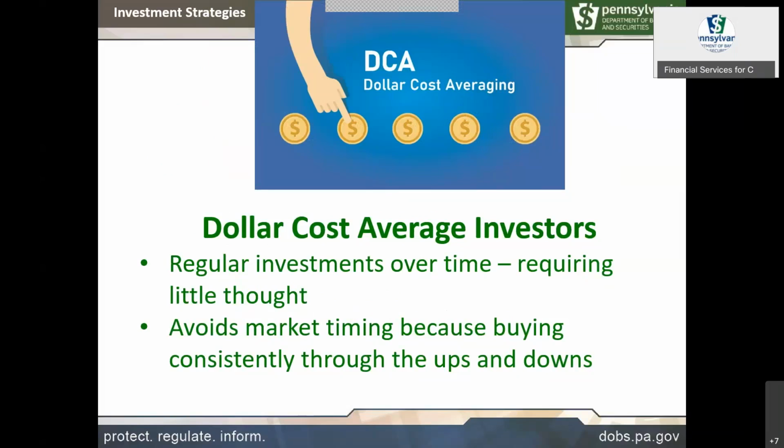So you designate, let's say, $50 every 2 weeks to go into your investment account to be invested in however way you want, whether that's stocks, bonds, mutual funds, whatever. The great thing about dollar cost averaging is that you are not having to constantly watch the market to decide when you want to buy and sell, because you're consistently buying through the ups and the downs and leaving your investments where they lay. That's really great for long-term growth.